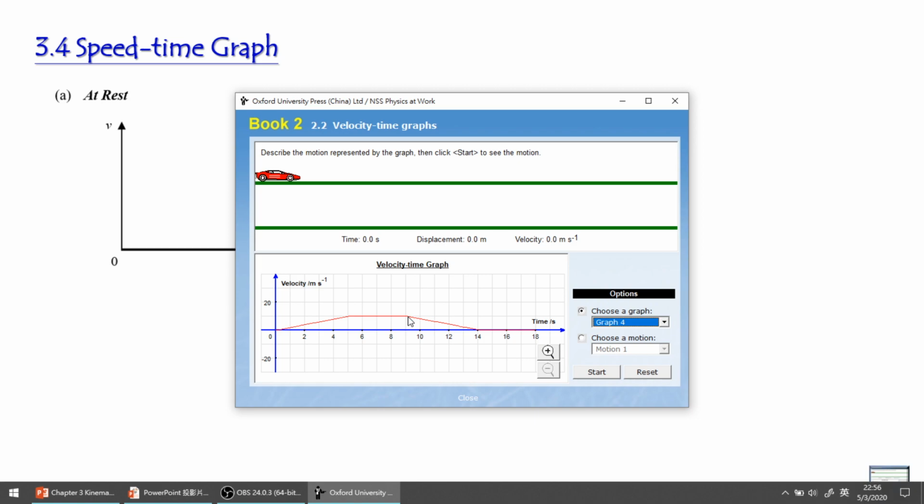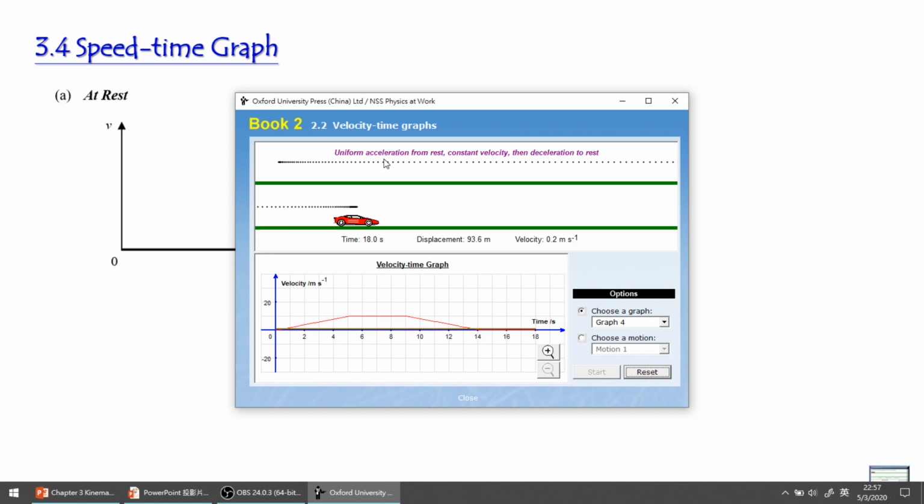Its speed decreases from 10 to 0 at 14 seconds, and it stays at rest for the rest of the journey. Okay, so we can take a look at the motion of the car. It starts from rest, then moves faster and faster, then at constant speed, and then becomes 0 and stays at the same position. So it is a bit complicated.